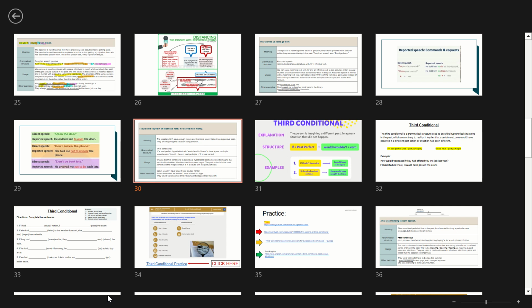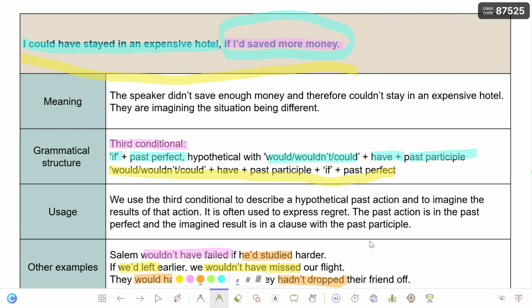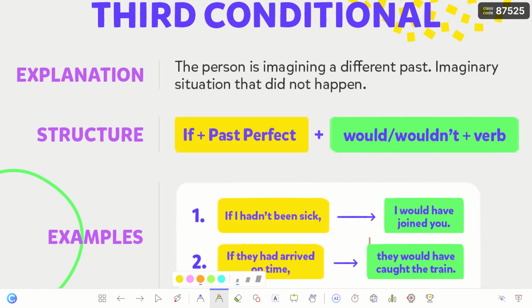Yeah, they would have been on time if they hadn't dropped their friend off. So they hadn't dropped their friend off. هذا الشرط. النتيجة they would have been on time. So again, this is an easier slide to understand.